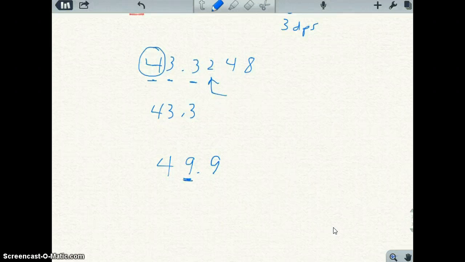So this is going to be the number that we're figuring out if it's going to be 9 or the next number, 9 or 0, okay? And this is the number we look at to figure that out. 9 is way above 5, so it's going to make the 9 go up to 0, okay? Now if the 9 goes up to 0, we of course can't keep the 4 as a 4. It has to go to a 5, okay? So that's something to be careful about in rounding, okay?